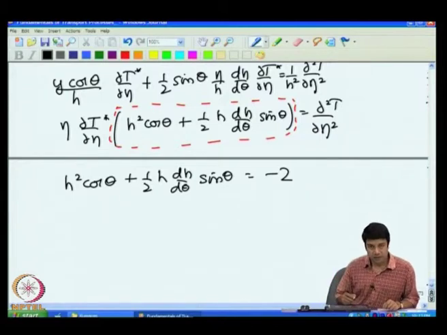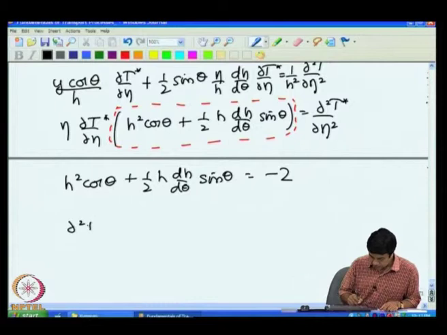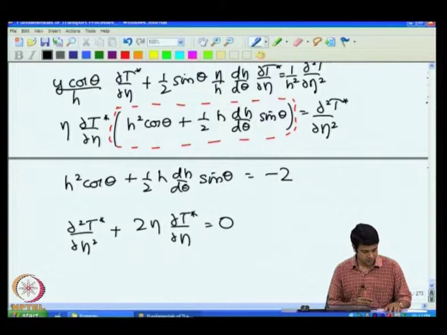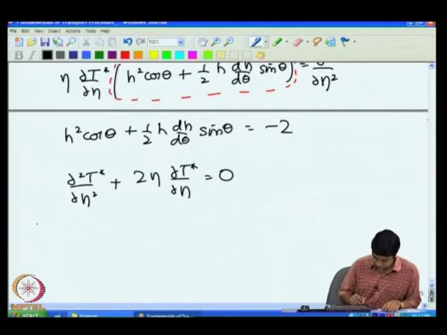With this, my equation for the temperature now becomes d square T by d eta square plus two eta times dT by d eta is equal to 0. And I can solve this subject to boundary conditions.